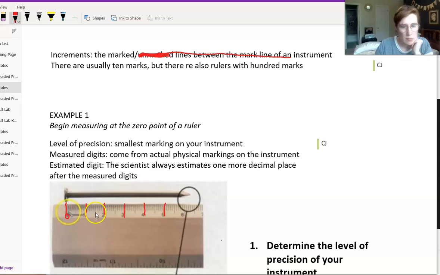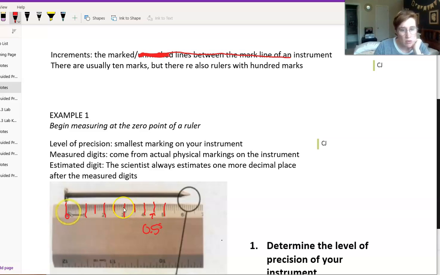Now there's a smaller increment right here, the one in the middle, and that is halfway in between 4 and 5, and halfway in between 3 and 4, and halfway in between 2 and 3. So that's measuring to the 0.5s, okay? That's what that increment is measuring to.